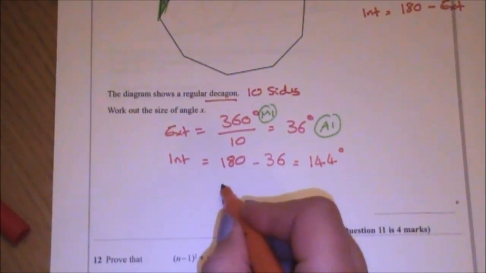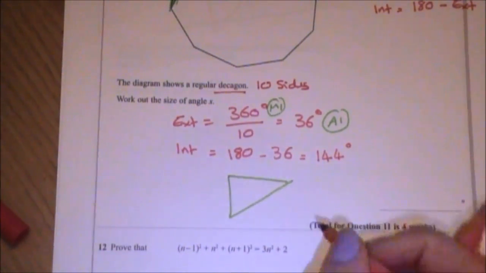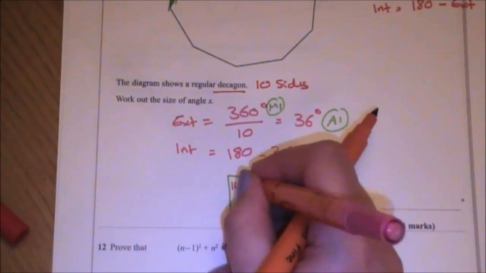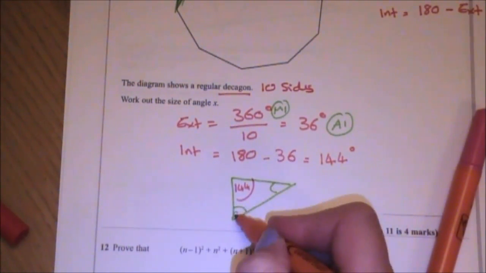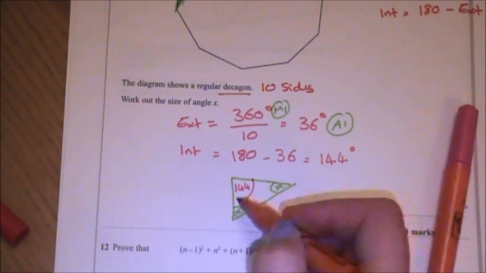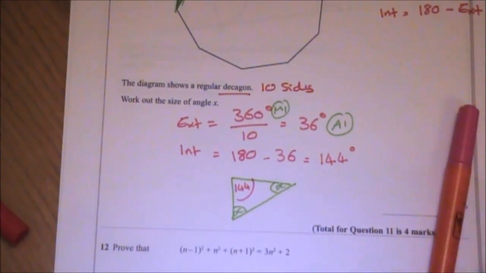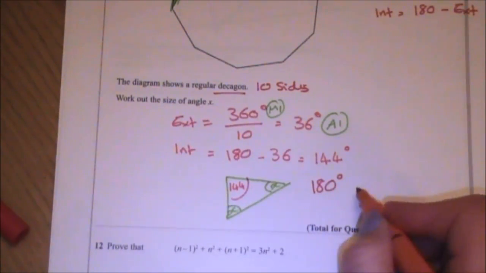Now I'm going to just draw it out a little bigger down here. What I've ended up with is an isosceles triangle where that is 144 degrees and that angle and that angle are called X and they're equal. So a triangle is made up of 180 degrees.